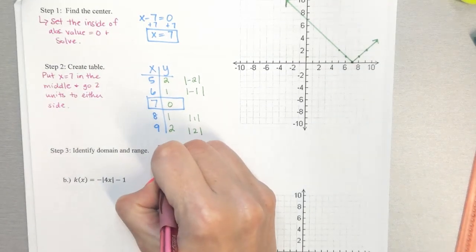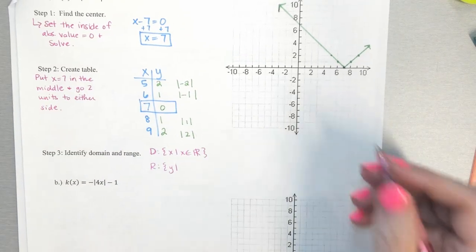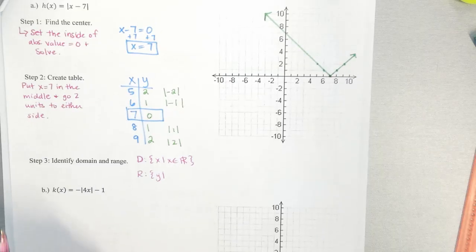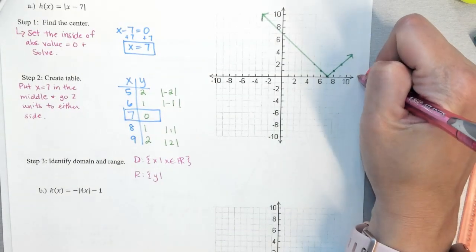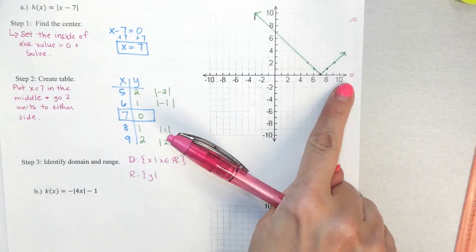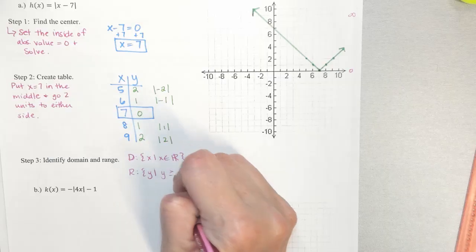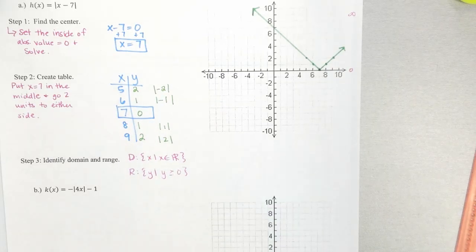Okay, your range is going to vary. So when you're deciding on that, just look at your lowest point. What's your lowest y value? 0. And it goes to infinity, or you can just say, hey, all the points are above 0, so that's y is greater than or equal to 0.